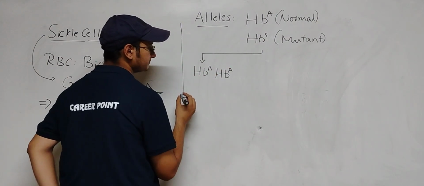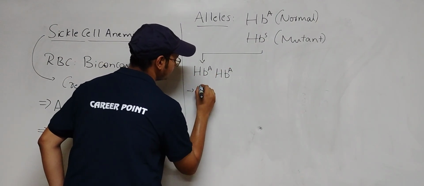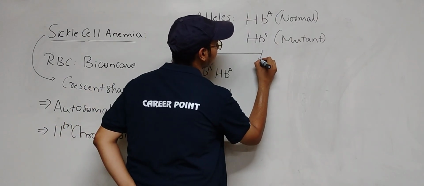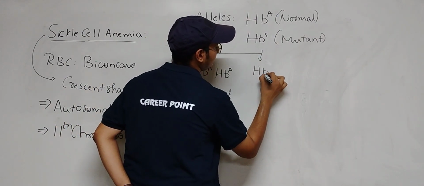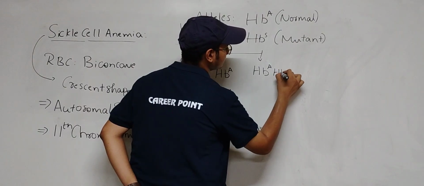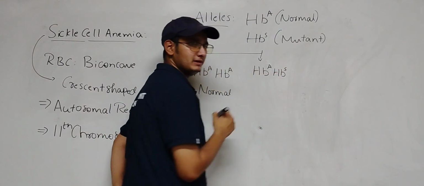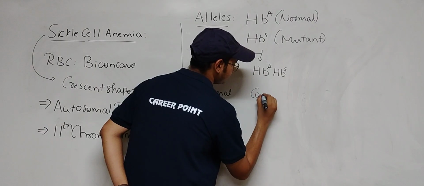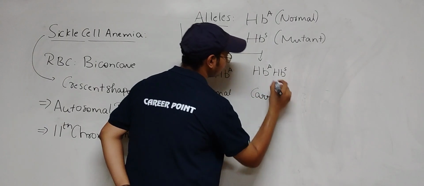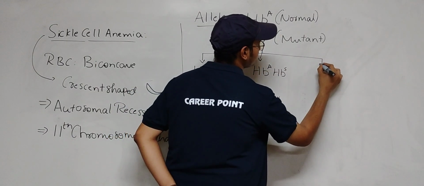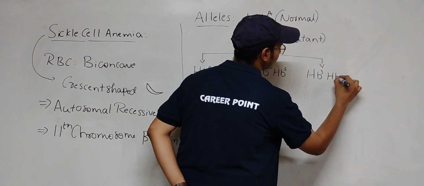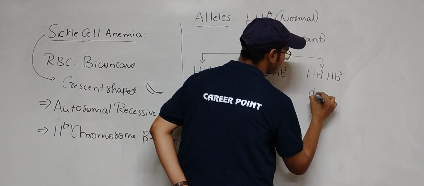What will it become? Normal. HBA and HBS, what will it become? It will become a carrier. And HBS and HBS, it will become diseased.